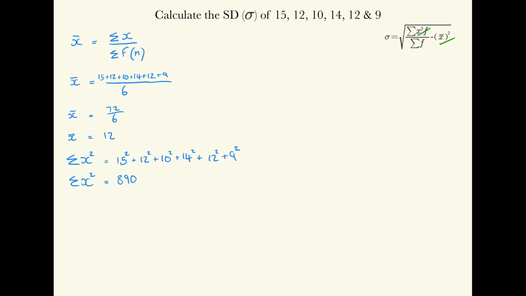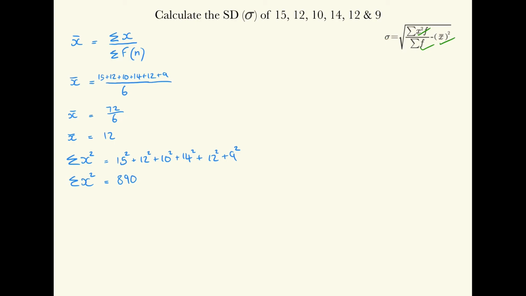We just need to find the sum of our frequencies, which, if you think about it, we've already worked out. The sum of the frequencies, in other words n, is just the number of scores. So 1, 2, 3, 4, 5, and 6. So we've got the denominator, we've got the numerator, and we've got our extra term on the end here, the mean. We just need to square the mean, which we can do quite easily, and we can start preparing for our formula here.